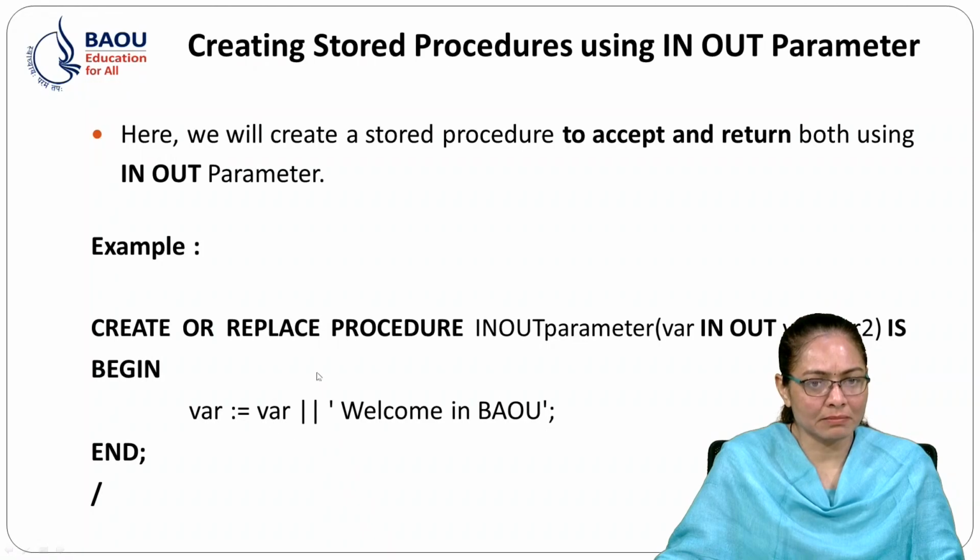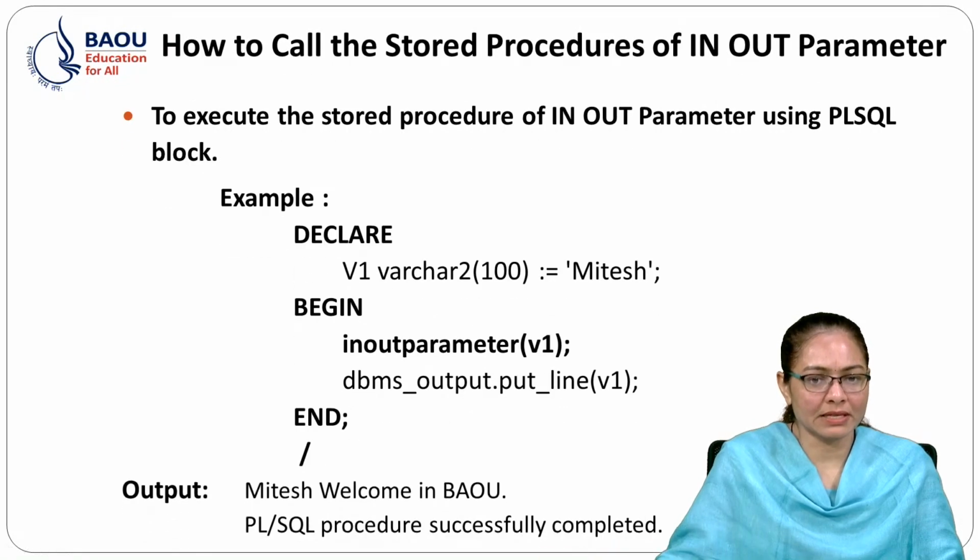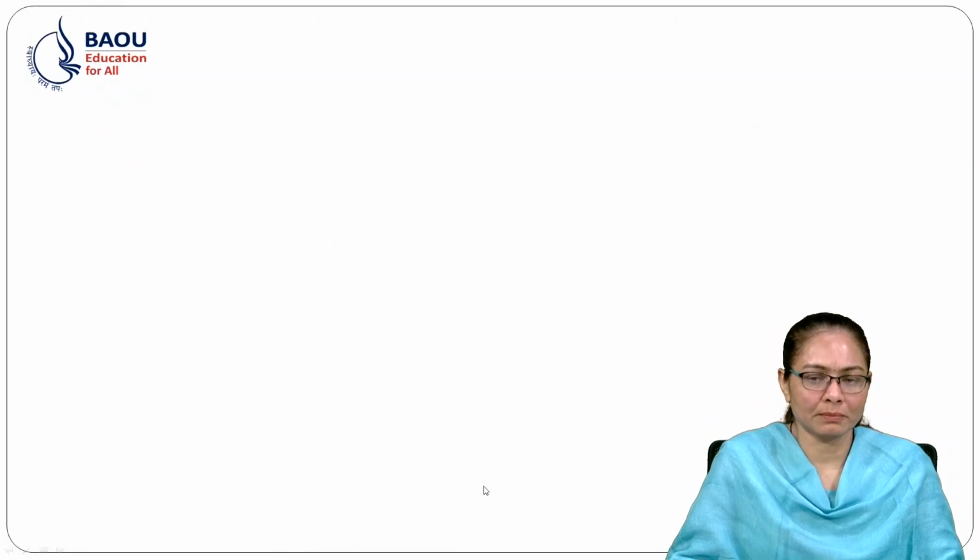So, Mitesh is combined with this string welcome in BAOU and then it is also an OUT variable. So the variable Mitesh welcome in BAOU is written. So, it will display Mitesh welcome in BAOU. The procedure is successfully completed.